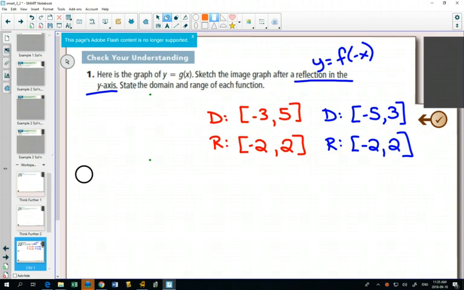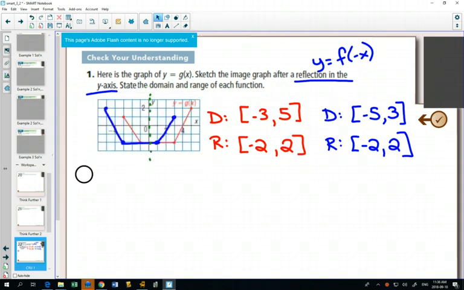If I knew the original graph's domain was -3 to 5, and its range was -2 to 2, and I'm told that I reflected it over the y-axis, do these blue answers make sense even though we took the graph away? And so this is what the grade 12 course does. Sometimes they give you all of the information, sometimes they take away parts of it, and you still need to be able to think about, could I figure it out from there? But this one, we were given this graph, and domain and range from the graph is fairly easy.